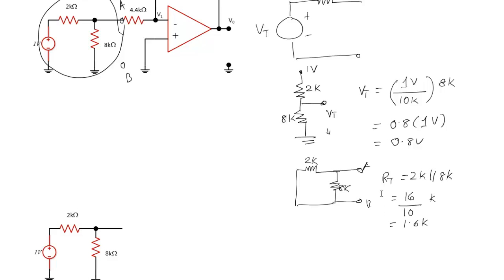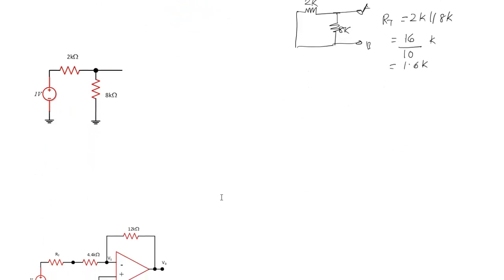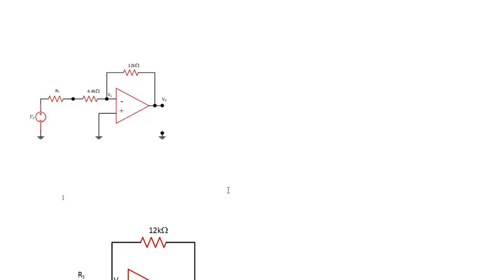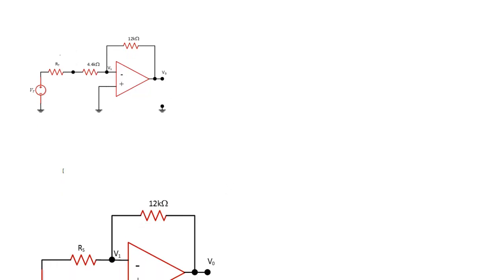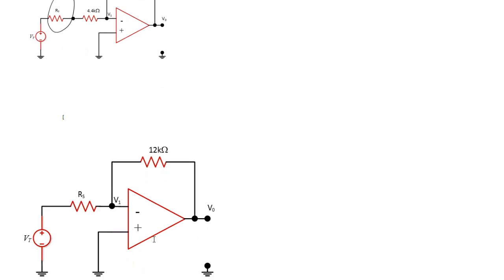Having done that, we could replace the circuit here like this. This is the Thevenin resistance, which we calculated as 1.6k, and therefore we can simply simplify this by adding 4.4k to 1.6k.